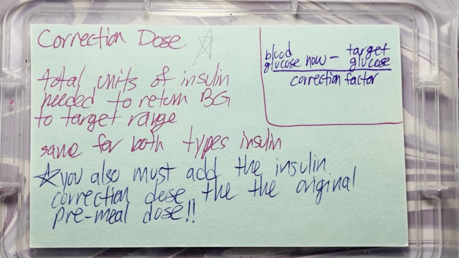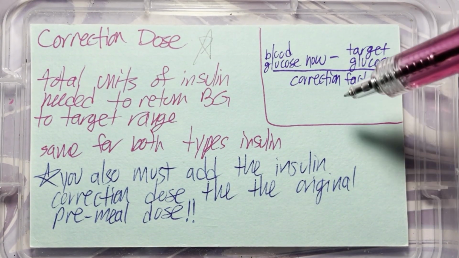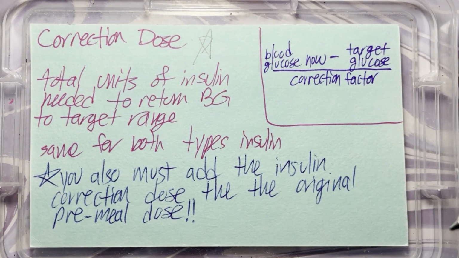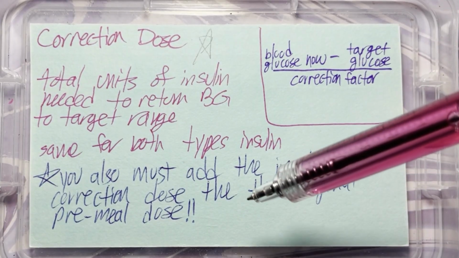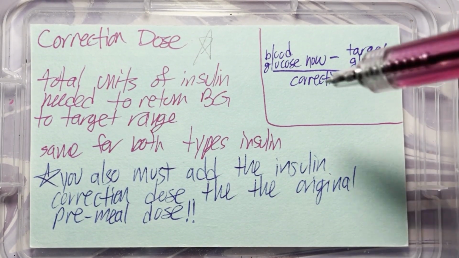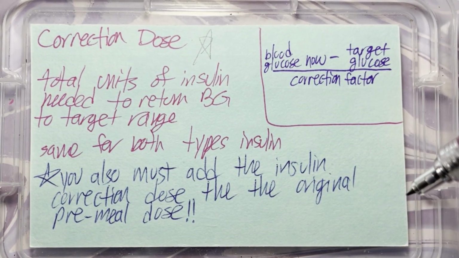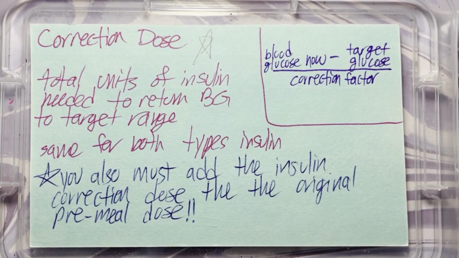Correction dose: blood glucose now minus the target glucose, divided by your correction factor that you just calculated. You also must add the insulin correction dose to the original pre-meal dose. This correction dose is going to be the same for both types of insulin, and it's going to be your total units of insulin needed to return the blood glucose to target range.